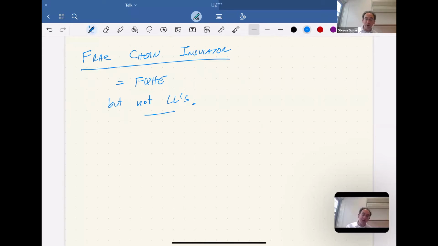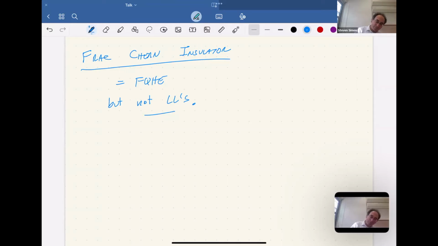And the Chern band can look somewhat like a Landau level, some lattice model with a non-zero Chern number, or actually it may not look that much like a Chern number at all, and you can still get fractional quantum Hall effect out if the interaction is appropriate.